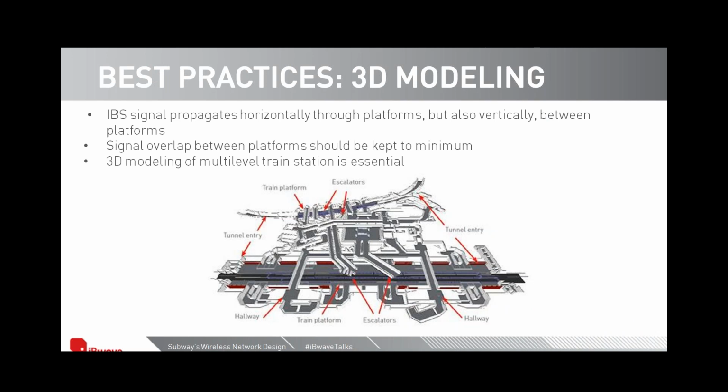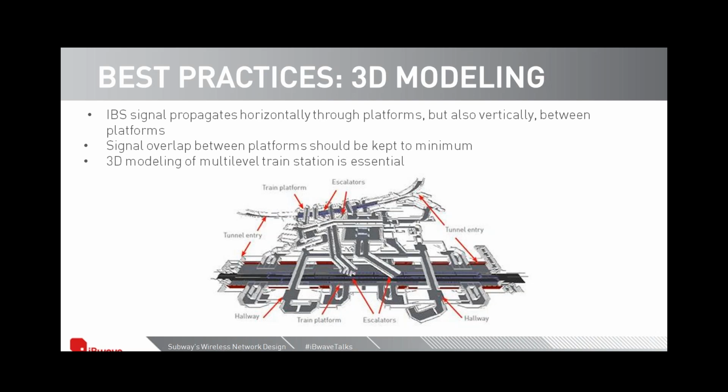And because we need to design for the system as a whole, taking into account all different platforms at the different height levels, doing the 3D modeling of this multi-level structure is essential. And here we are showing you how a 3D model of this imaginary train station looks.